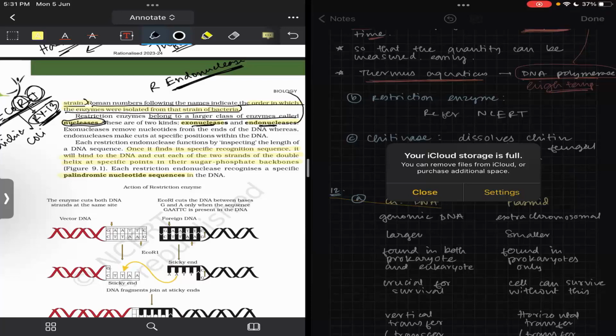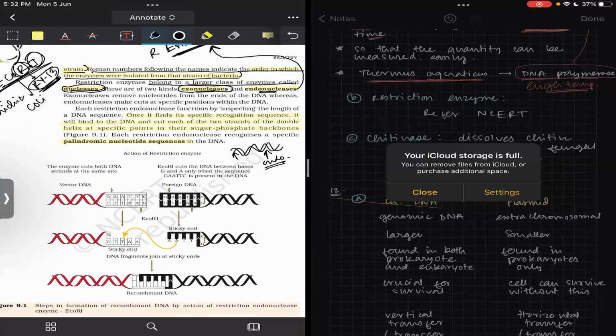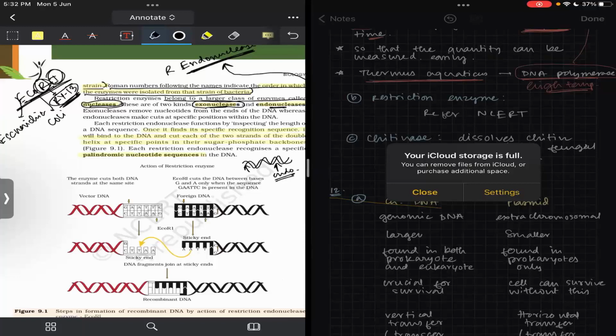Exonucleases cleave the DNA from the end, and endonucleases cleave the DNA at any part other than the ends. So this is the basic description of restriction endonuclease that is important for NEET. And also, as I said, the palindromic nucleotide sequence. This is the recognition sequence that an RE recognizes.